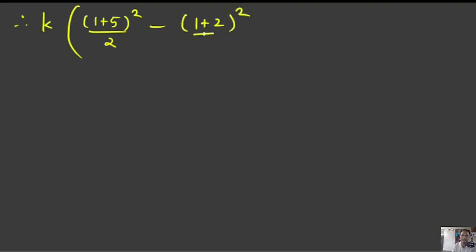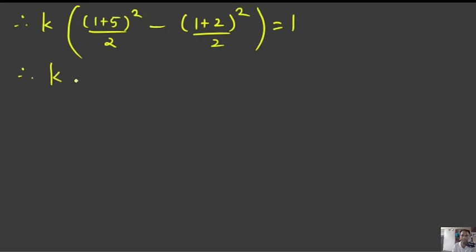So when you plug in the values, you get k times 1 plus 5 the whole square over 2, minus 1 plus 2 the whole square over 2, equals 1.